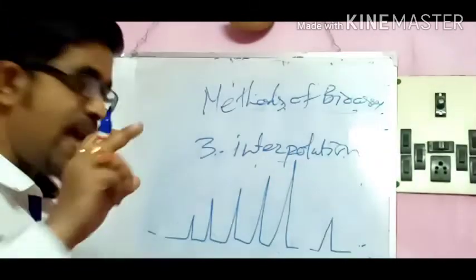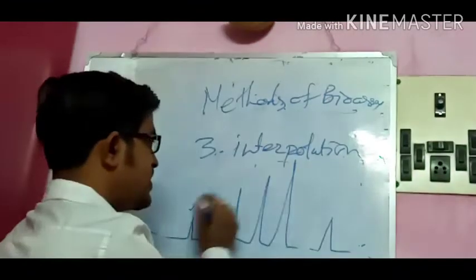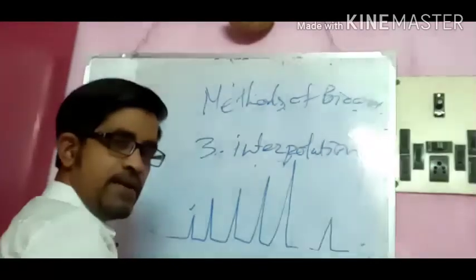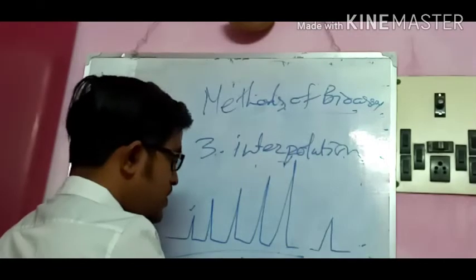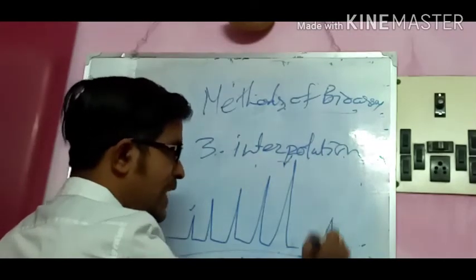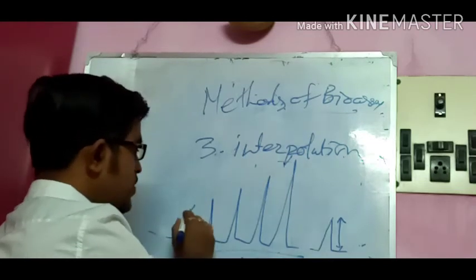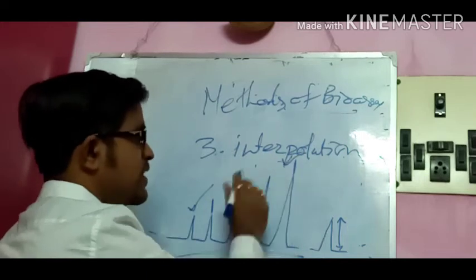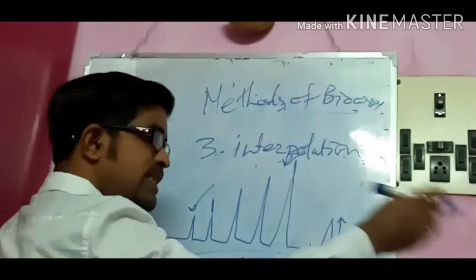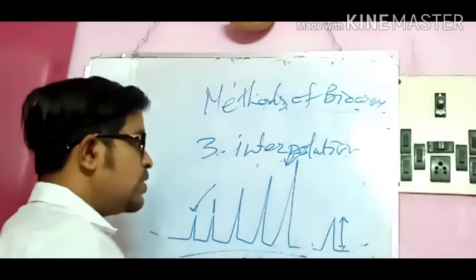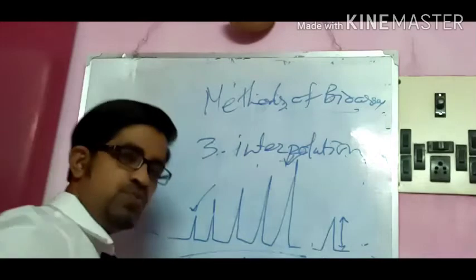Just remember that this response lies in between the smallest and greatest response of the standard. This unknown response length should lie between the smallest and the longest response of the standard. If the first response you got is smallest, then you increase the dose of your unknown, so that you get a response whose length lies in between these two.